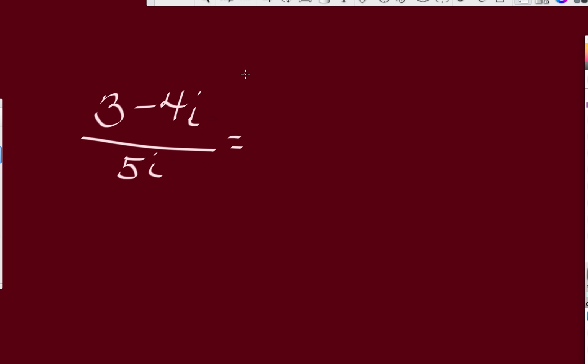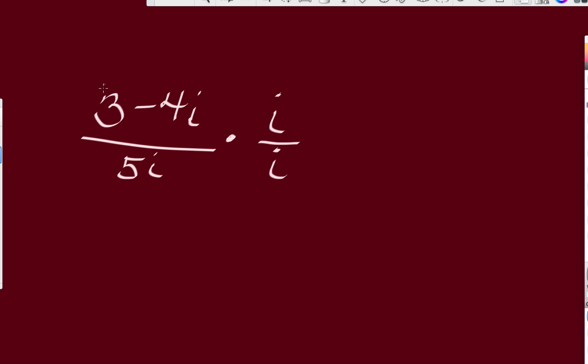And like I learned before the hard way, I don't want to make it equal to anything yet. I'm going to multiply by i to get an i over i. Because if I multiply my fraction by 1, I haven't changed my fraction. So i over i, square root of negative 1 over square root of negative 1, is just equal to 1. So if I multiply both the numerator and the denominator by this, I haven't changed anything.